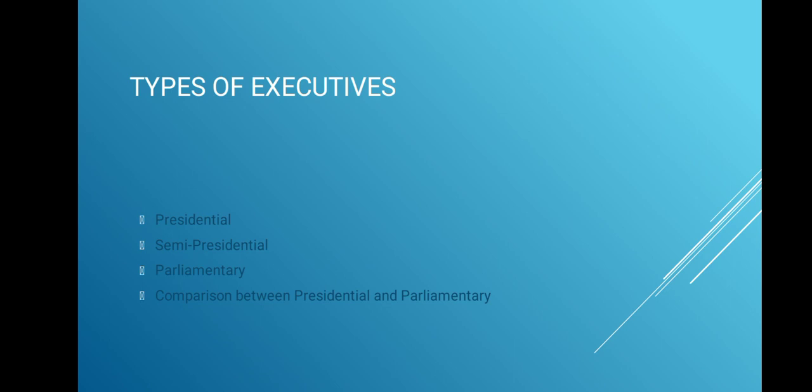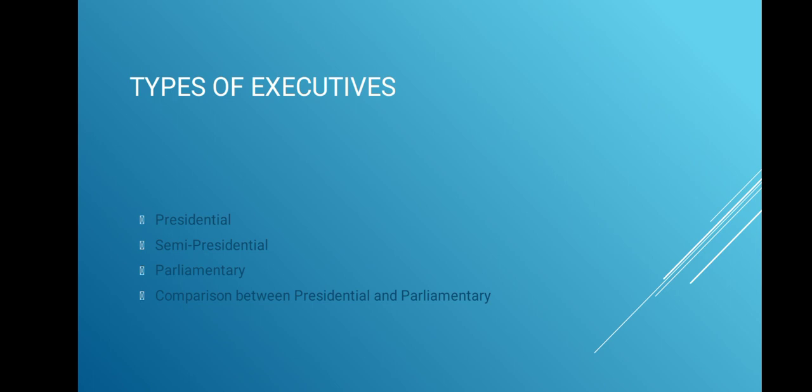In India, we have a parliamentary executive. We will take this topic later, but here we compare the presidential and parliamentary types of government. I think it is very clear to you now.